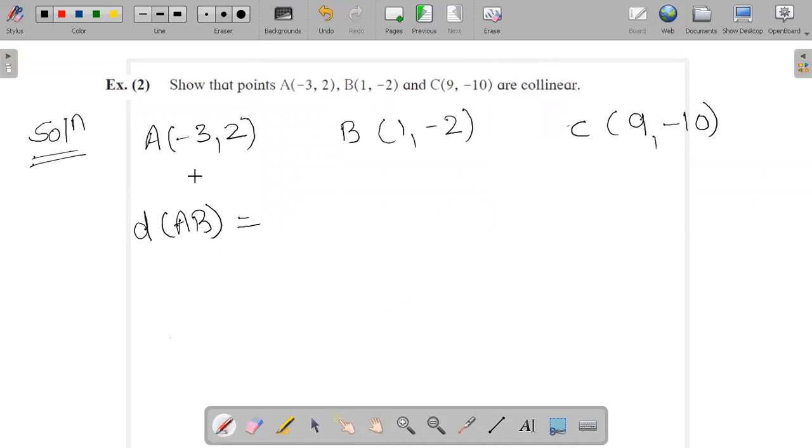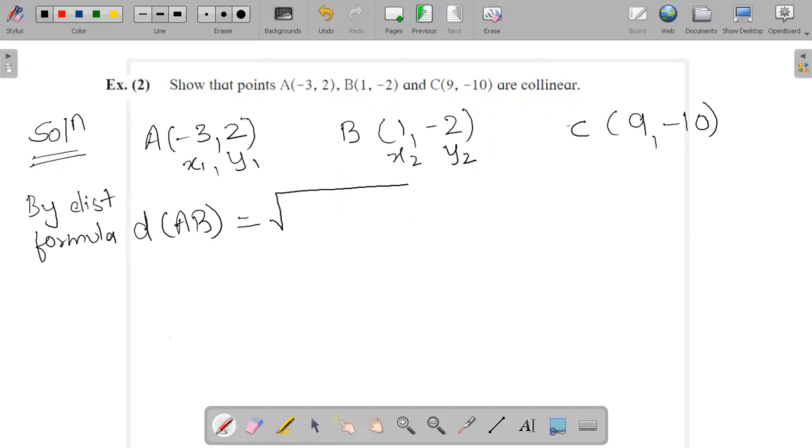When I'm finding distance AB, this will be x1, y1, and I'll consider this to be x2, y2. So I'll write here, by distance formula. As I said, whenever you're using the distance formula, make sure you write the formula first.